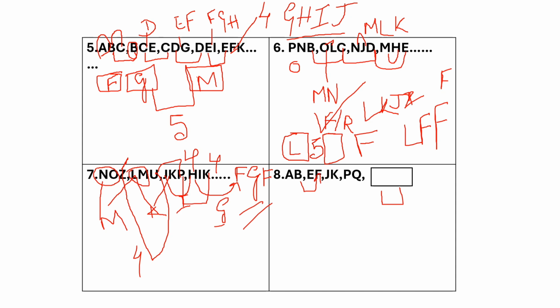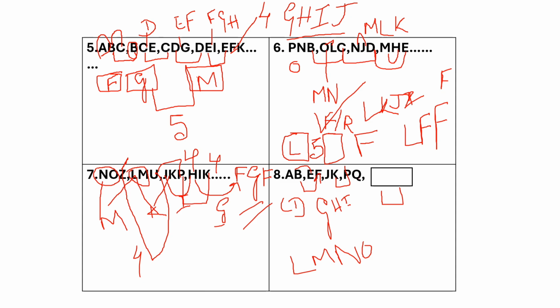B is there, E is there, B, C, D. 2 letters are missing. F is there, G, H, I. 3 letters are missing. J. Next, K to P, 4 letters should be missing. That is L, M, N, O.